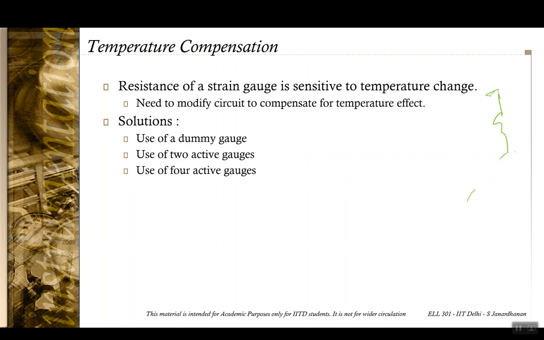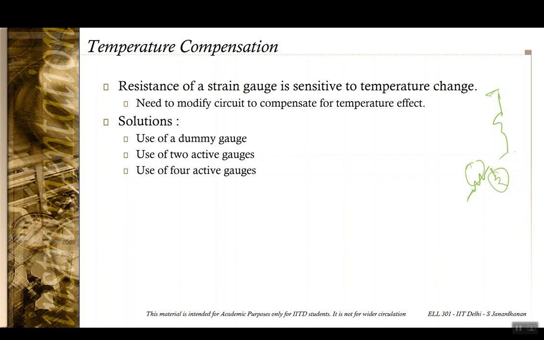So if only one of these arms of a Wheatstone's bridge is going to be a strain gauge, then the variation in the resistance due to the temperature change may not be properly captured. So to counteract this, we can use strain gauges, or at least resistances of the same material, in other branches also to offset and to offer a temperature compensation.